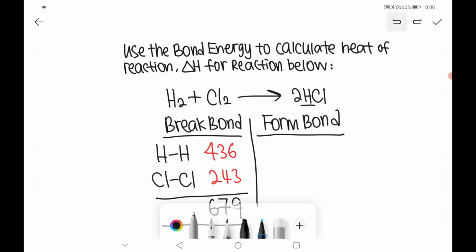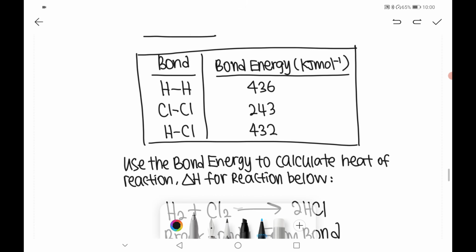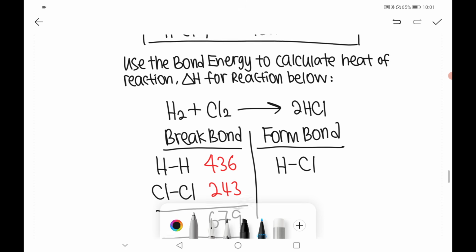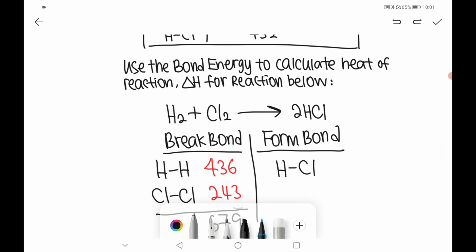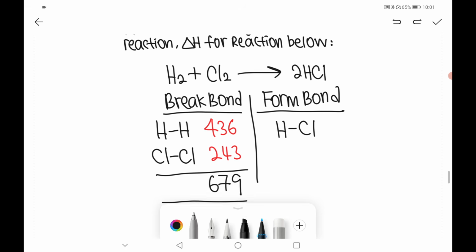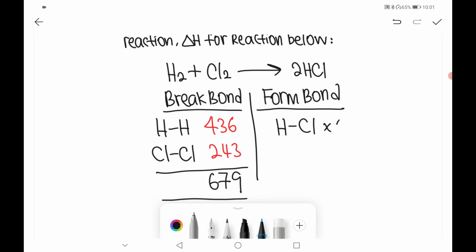How to draw the HCl bond? Look at the picture here. How many HCl bonds we need to form? You have two HCl, so we need to form two HCl bonds. So we need to times 2.